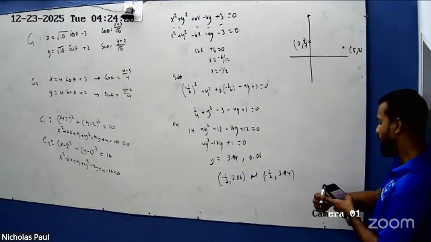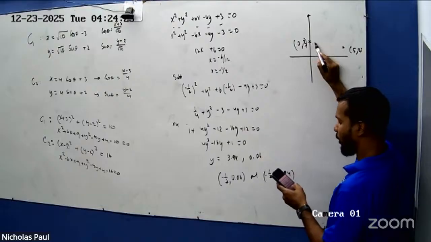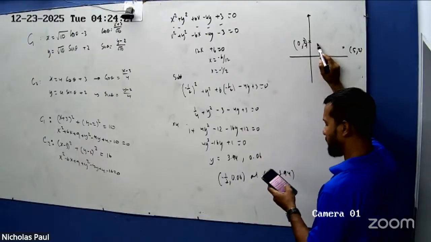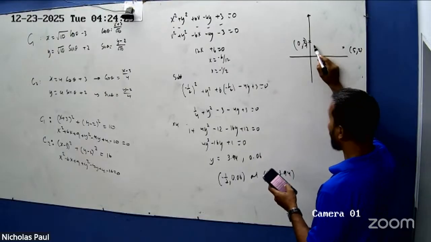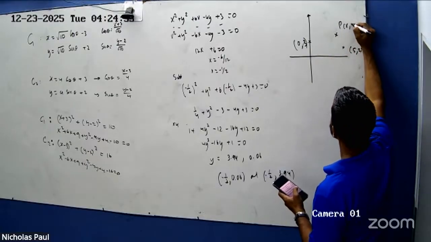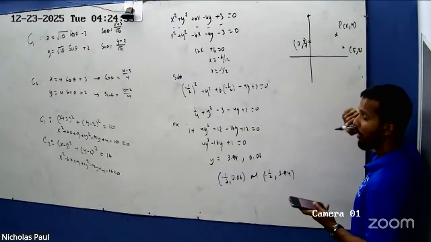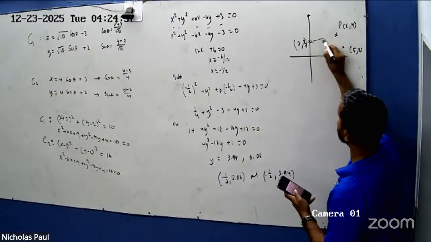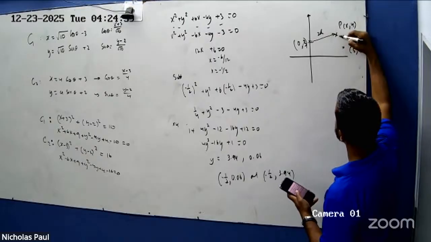The point P moves so that its distance from the fixed point here is twice the distance from here. So can I put P here? So the distance from here to here is twice the distance from here.